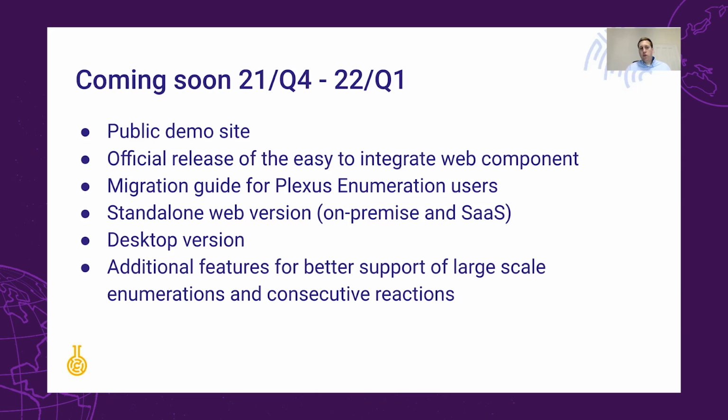The desktop version of Reactor will also be replaced with a desktop wrapper of the web version, so it will offer a convenient solution for the current desktop users too. We plan to add additional features regarding large-scale enumeration and consecutive reaction enumeration, coming soon in the following 2 quarters.